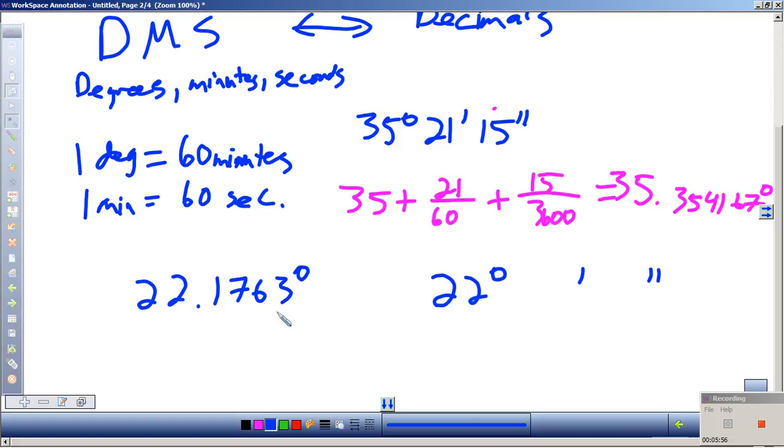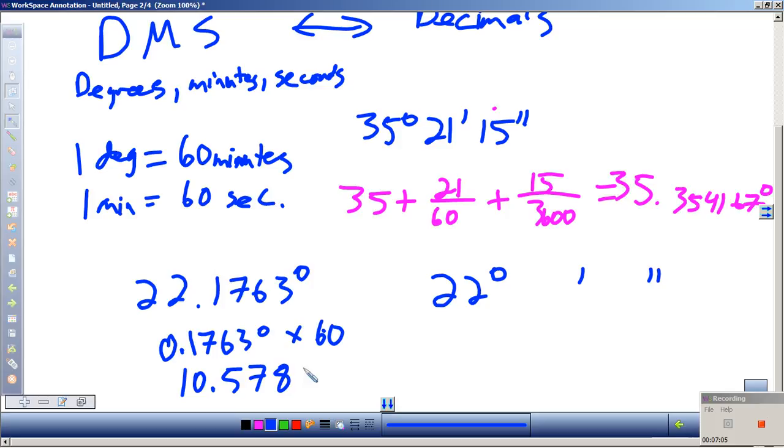Now how many minutes in a degree? So multiply your answer times 60, because we have this decimal of a degree, and we want that decimal out of 60. So what do we get when we multiply 0.1763 degrees times 60? 10.578.